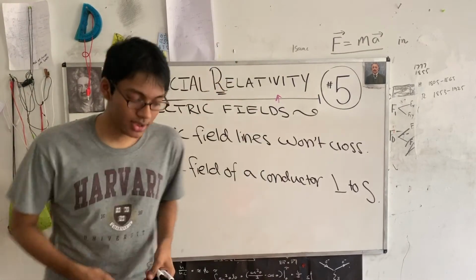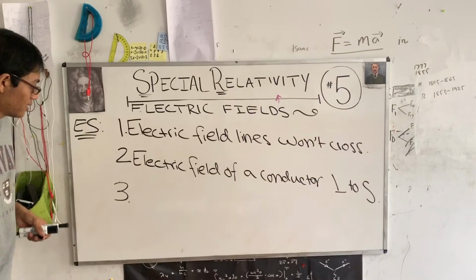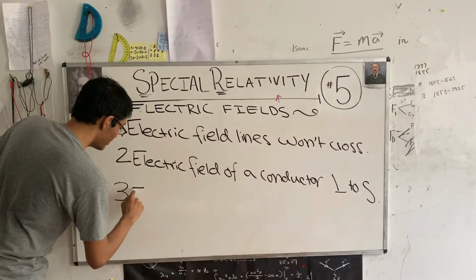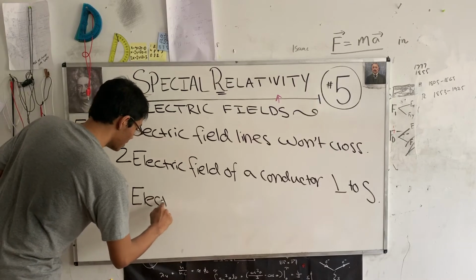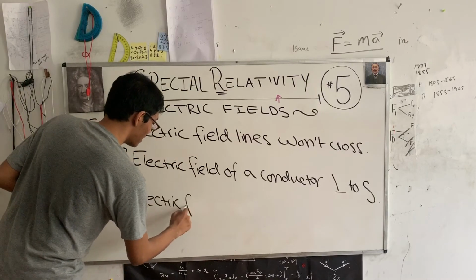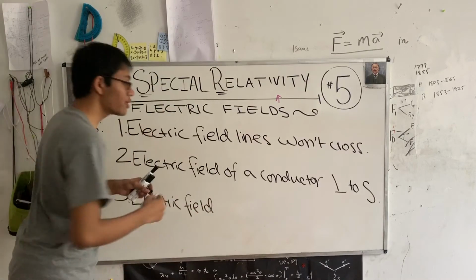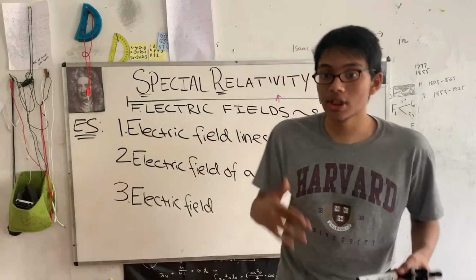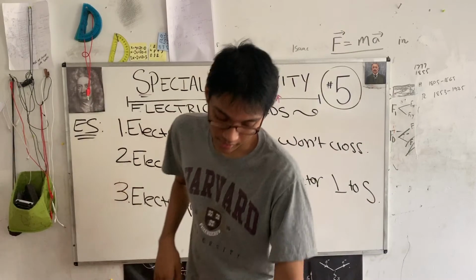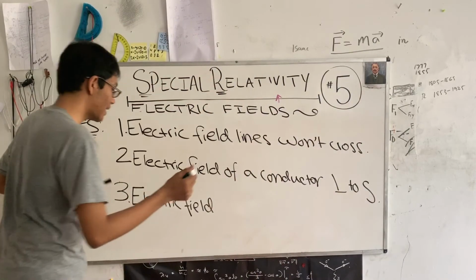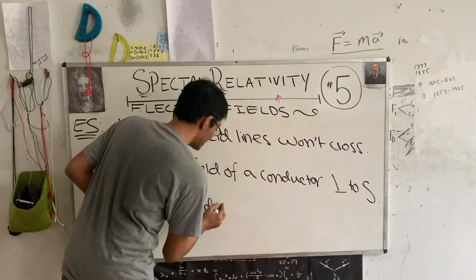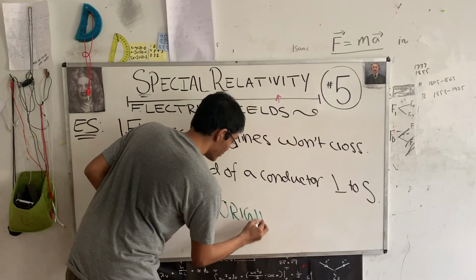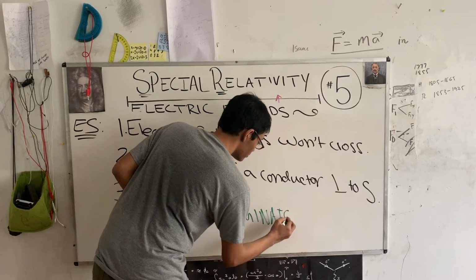Well, because our third property of electric field is that the electric field line originates on what type of charge? Go ahead and comment down below what type of charge the electric field originates from. Well, it actually originates from a positive charge. Let's write that down. Originates from a positive charge.